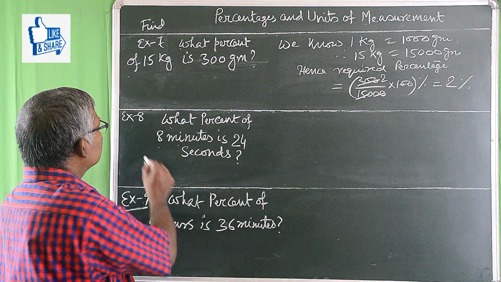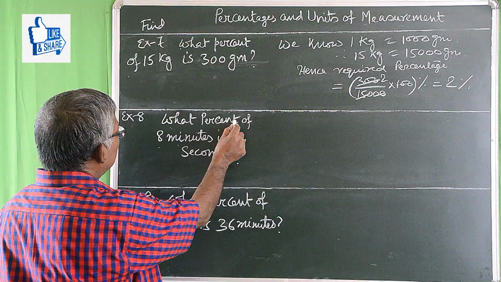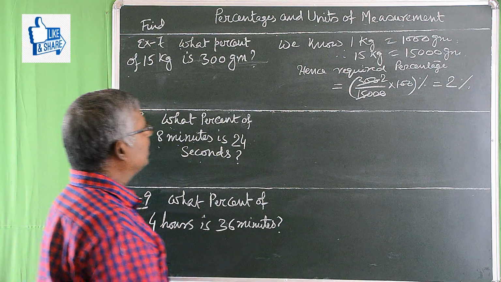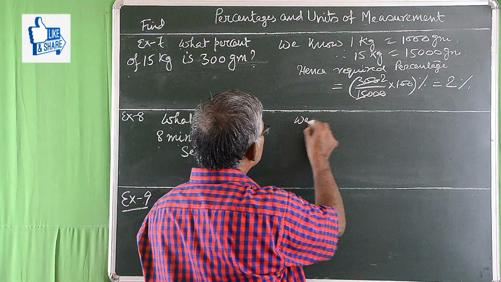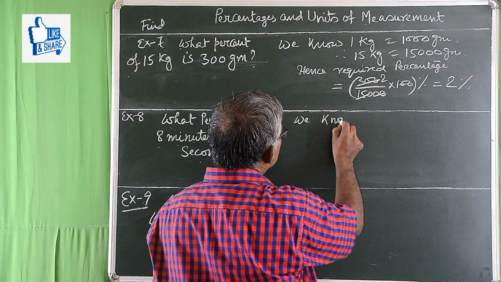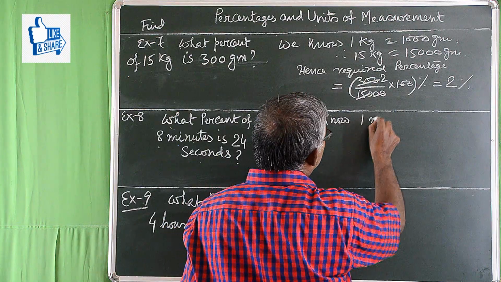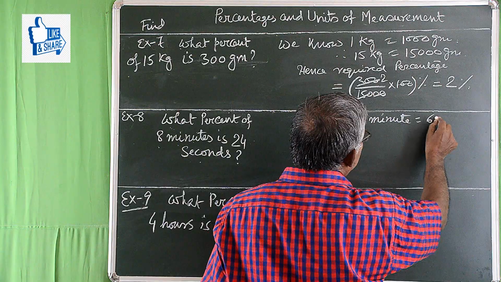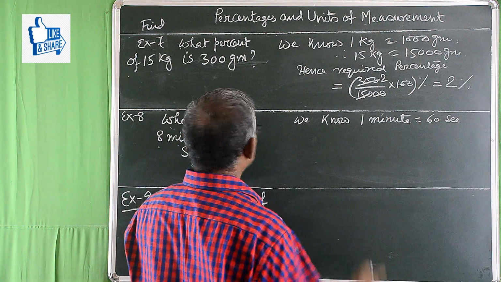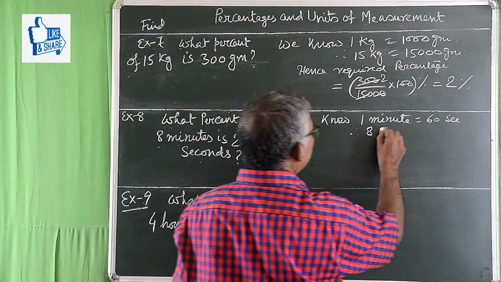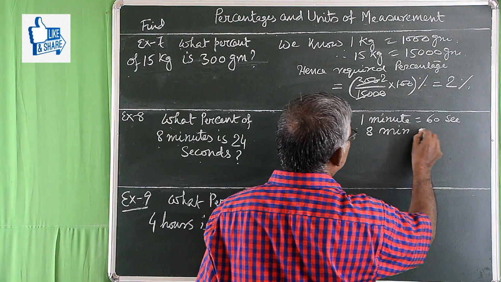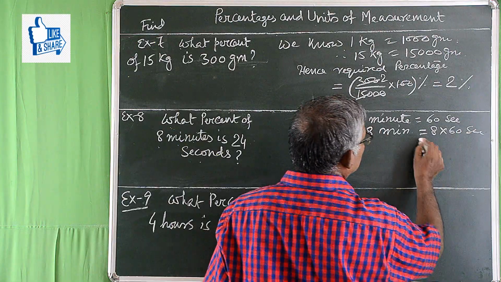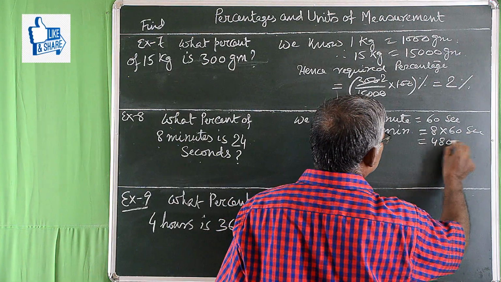Let us consider the next problem. What percent of 8 minutes is 24 seconds? Students, we know 1 minute equal to 60 seconds. Therefore, 8 minutes equal to 8 into 60 seconds, that is 480 seconds.